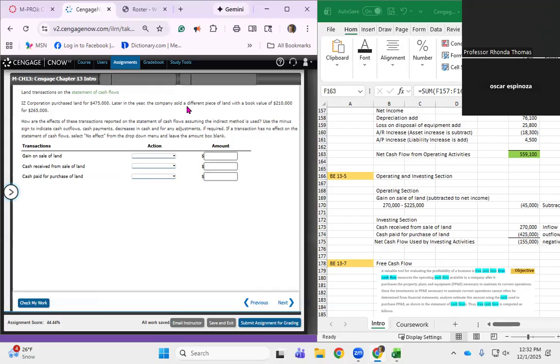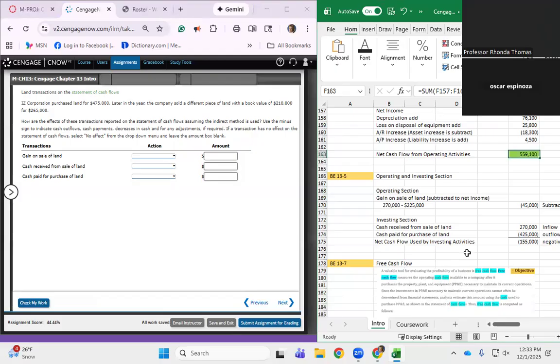Okay, and there is a piece of it that also goes in the operating section. And here's how we know. Okay, so let's go look at the investing section first, and then we'll come back to the operating. Investing, we always want to put down if we've sold something, we want to put an inflow in first.